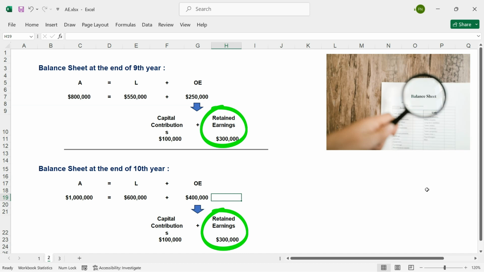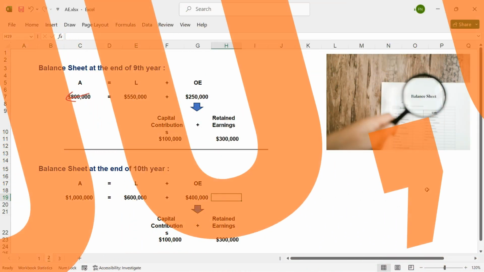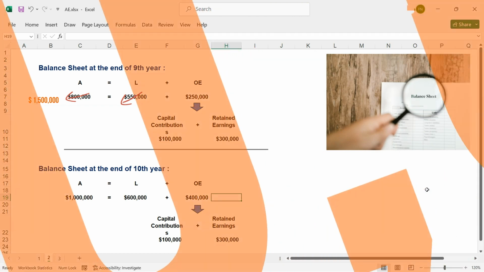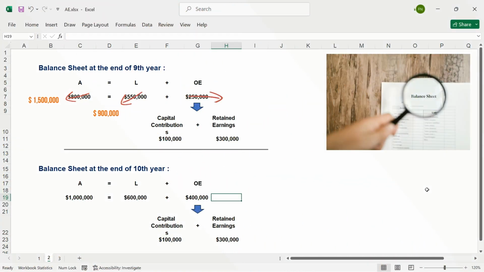What if I changed the assumptions and suggested to you that if in fact you looked at comparative balance sheets, a balance sheet at the end of the 9th year and the 10th year, and that instead of it being $800,000 of assets at the end of the 9th year, I told you that it was really $1,500,000 of assets at the end of the 9th year, and here now at the end of the 10th year, it's only $1 million of assets. Again, in both examples, the balance of assets at the end of the 10th year is $1 million.